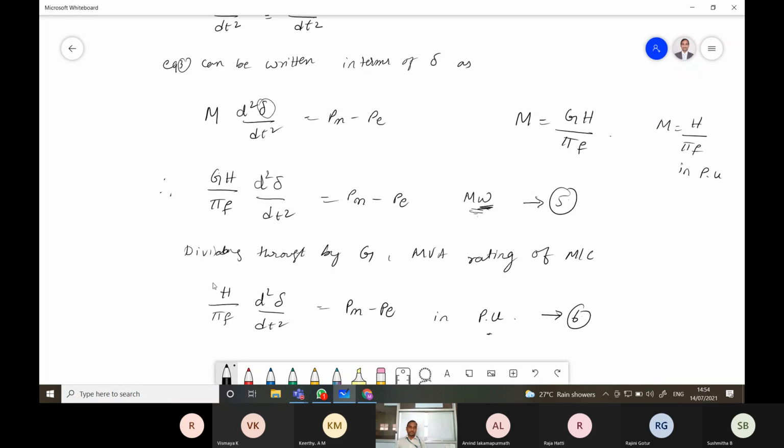Or you can also call this term M in terms of per unit, which is H by pi f. M in terms of per unit into d square delta by dt square is equal to Pm minus Pe. So this is the swing equation in terms of per unit.